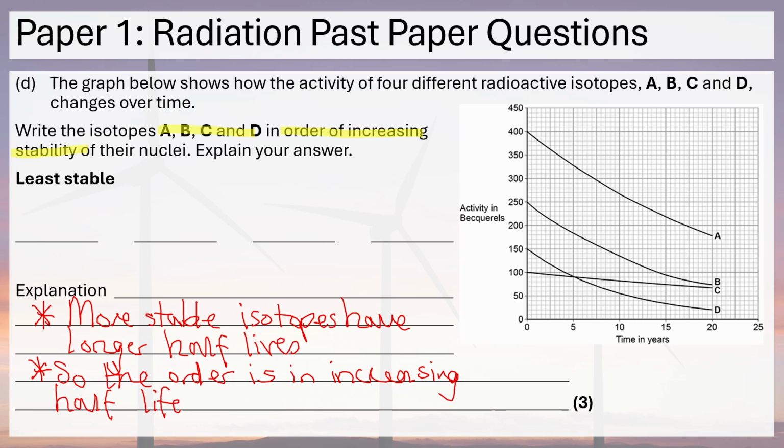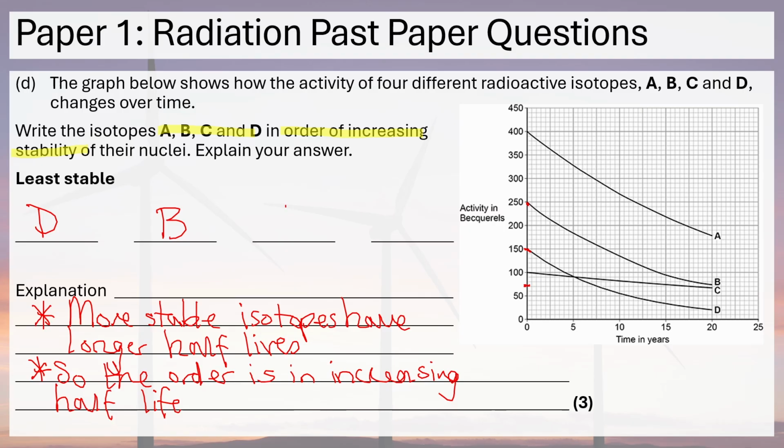So the one with the shortest half-life, the one that halves the quickest, is actually D. And if I look at D and how quickly it drops to half, we're just over 5 years, so it's quite short. The next one is going to be B. If I look at B and I look for where it halves, 250 to about 125, it's taking a bit longer, it's just over 10 years.